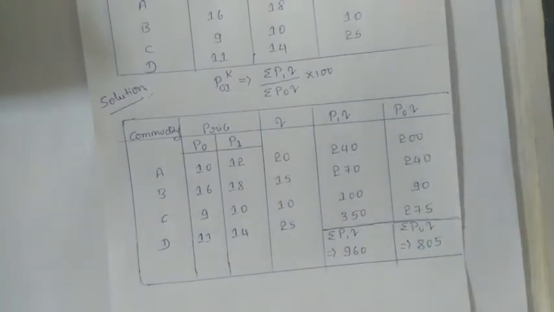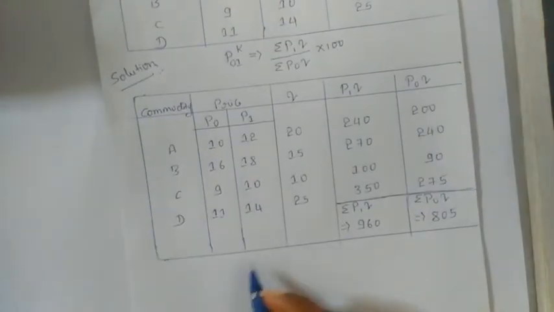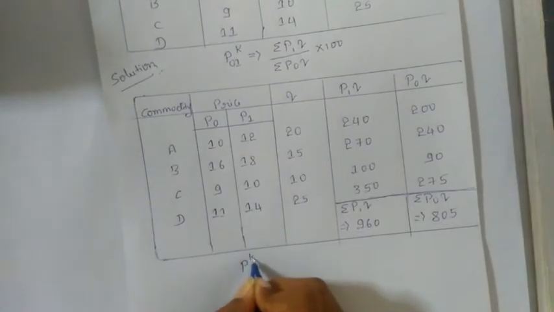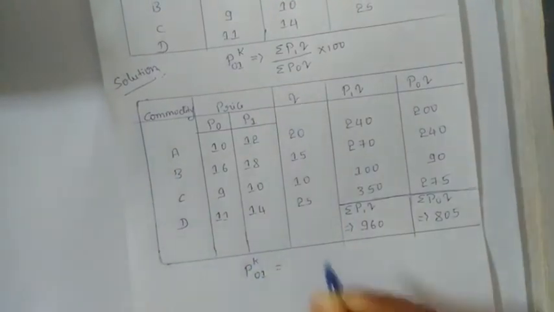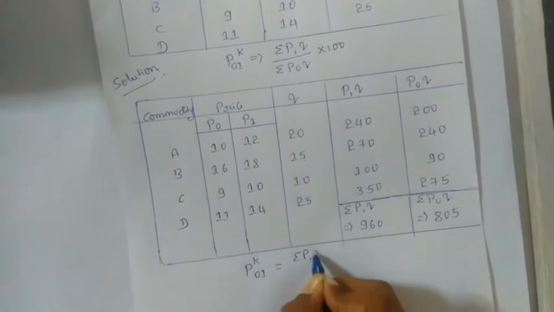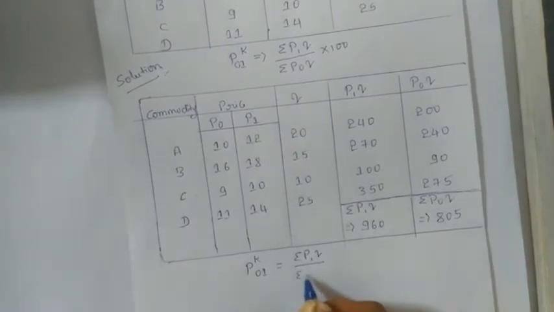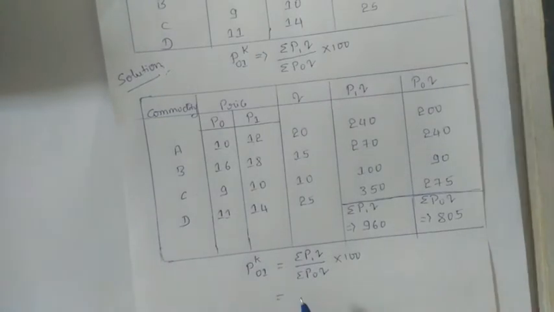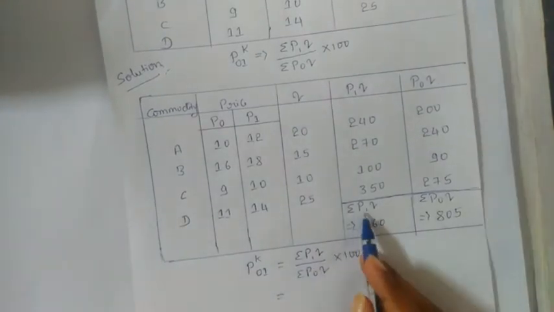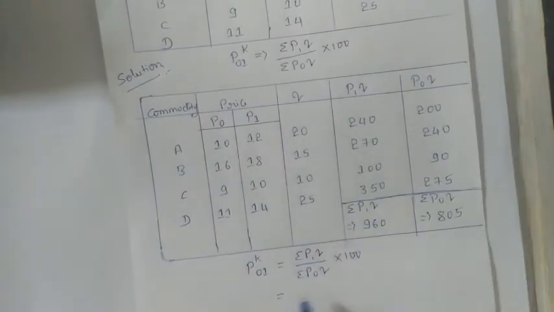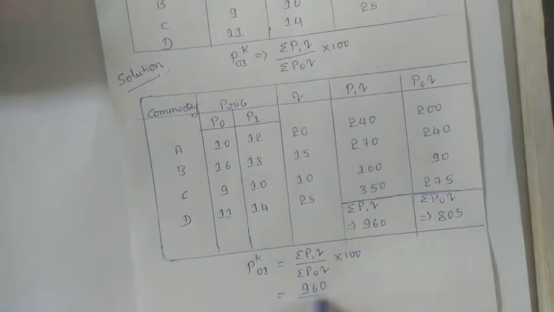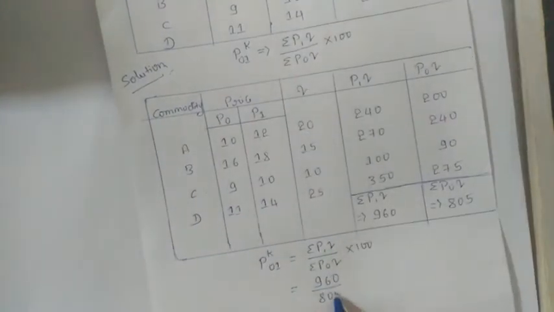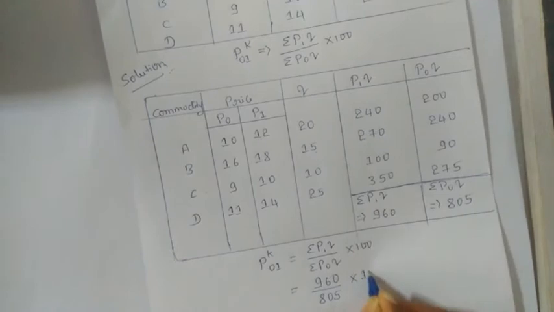Next step, you have to write the formula, that is Kelly's price index number: summation P1Q divided by summation P0Q into 100. So write the values: summation P1Q is 960, divided by 805, into 100.